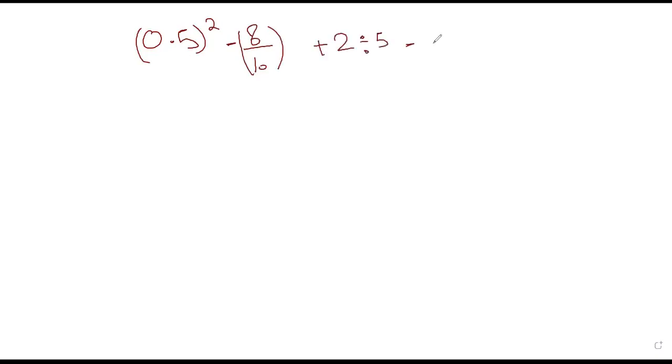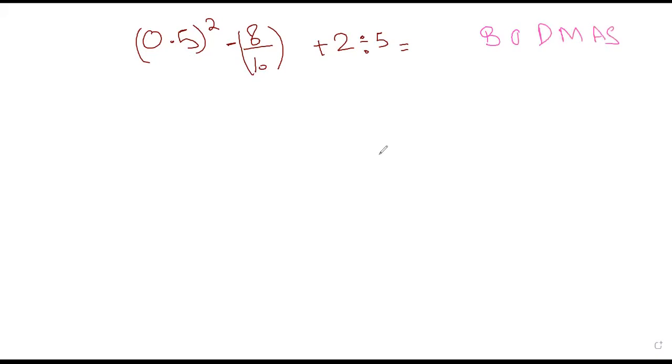Okay, this is the question. Again, you have been asked to solve this question. You will not start off your working directly. The very first thing is we will refer to our helping word, that is BODMAS.